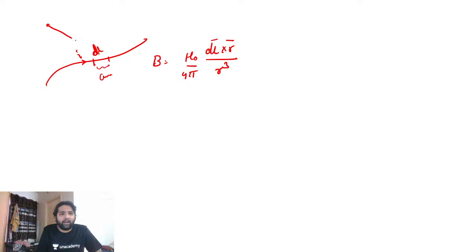Where r is the radius vector from the dl vector to this particular point. Not this, this is the wrong arrow. So this is the dl vector and this is the r vector. The dl vector will have the direction of the wire. The r vector will have the direction of the radius vector.